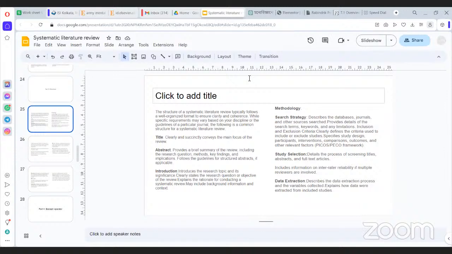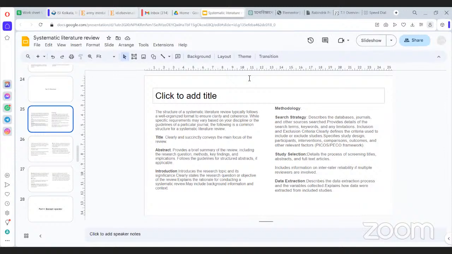Thanks. In the case of clinical reliability, we take it as reliable if the reliability is 0.8 and above. But in a systematic review, what is the cutoff mark? It is always better to have more than 70%. Okay, sir.